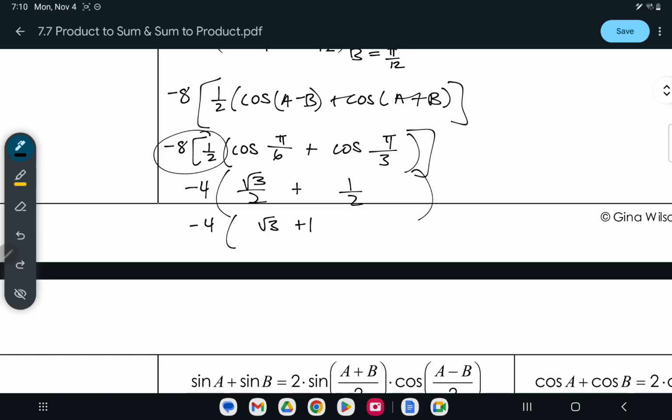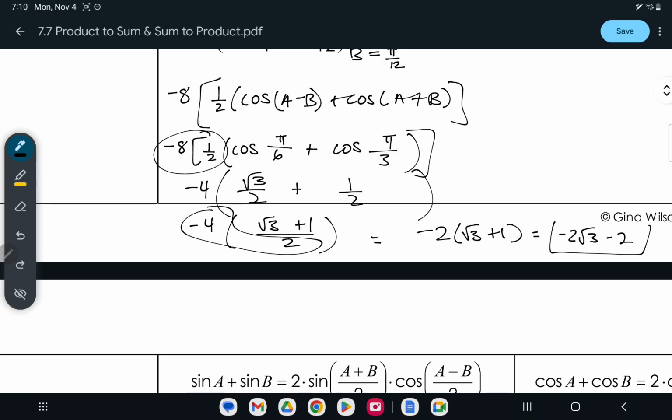Root 3 plus 1 over 2. And then I can multiply by negative 4, but I can reduce this right here. It's going to give me just negative 2. So negative 2 times root 3 plus 1. And then you can argue if you want to distribute that or not. So negative 2 root 3 minus 2. Either one is fine.